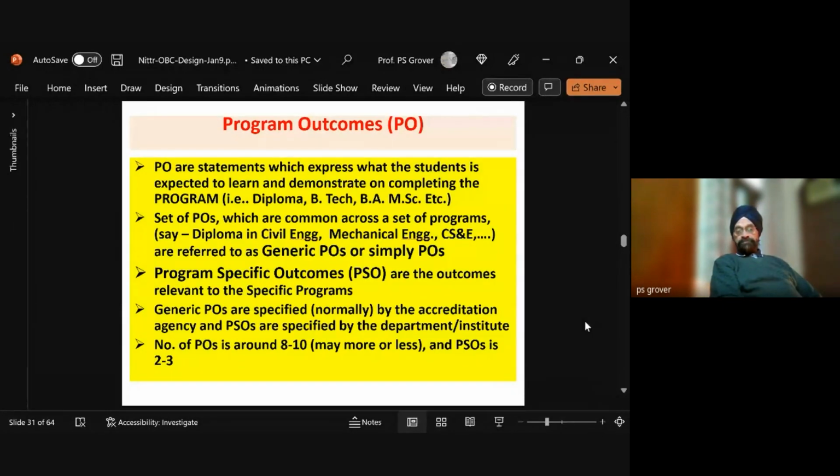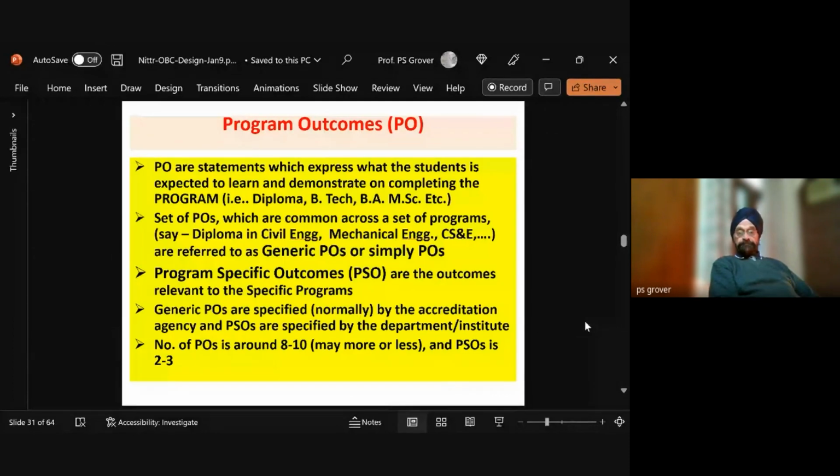Then program outcomes. The program outcomes are statements which express what a student is expected to learn and demonstrate on completing the program. A program may be a diploma, BTech, BA, MSc; that is what we call a terminal degree. This is the terminology of OBE.